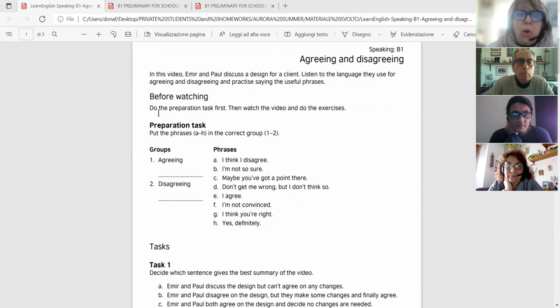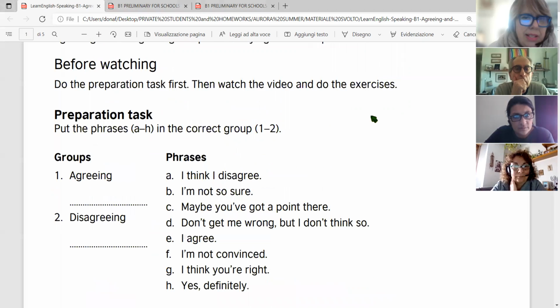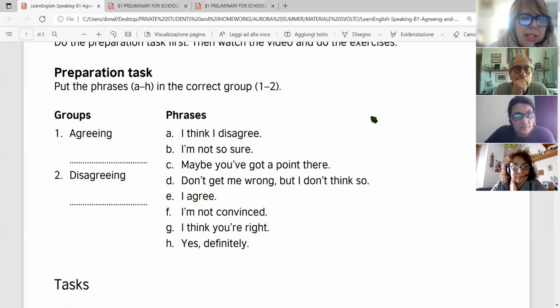But before watching, we do the preparation task. That is this one. These are various expressions that we can use to agree or disagree. So you tell me, according to your idea, if they are to agree or disagree with people.